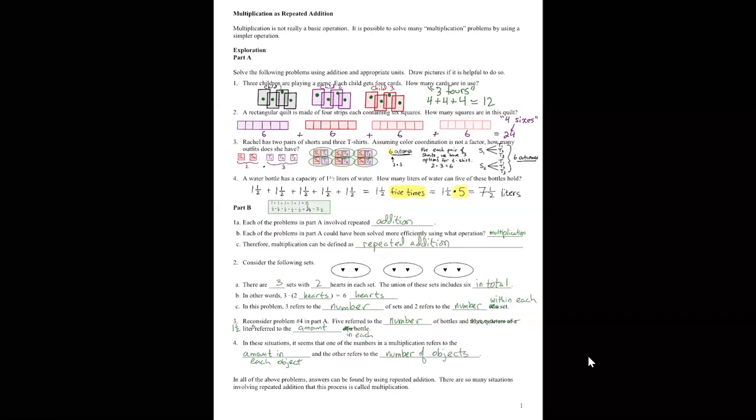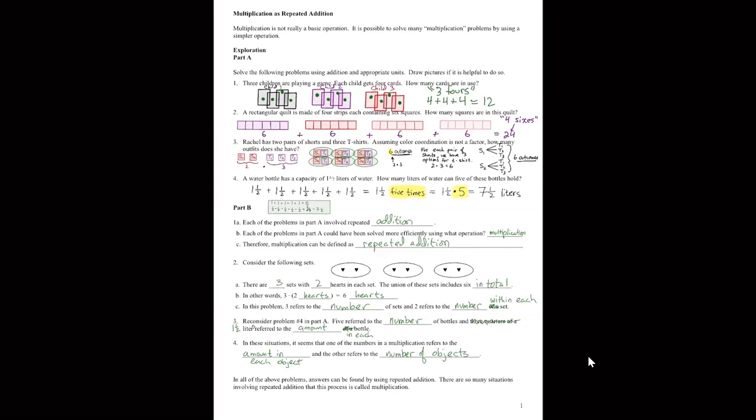Could say it the other way around too, because we know that multiplication, just like addition, is commutative. It's a commutative operation. In all the above problems, answers can be found by using repeated addition. So many situations involving repeated addition that this process is called multiplication. All right, repeated addition or multiple additions gives us multiplication.